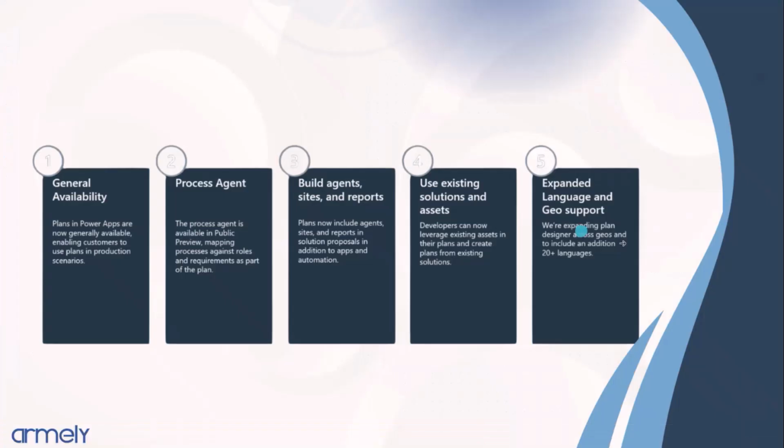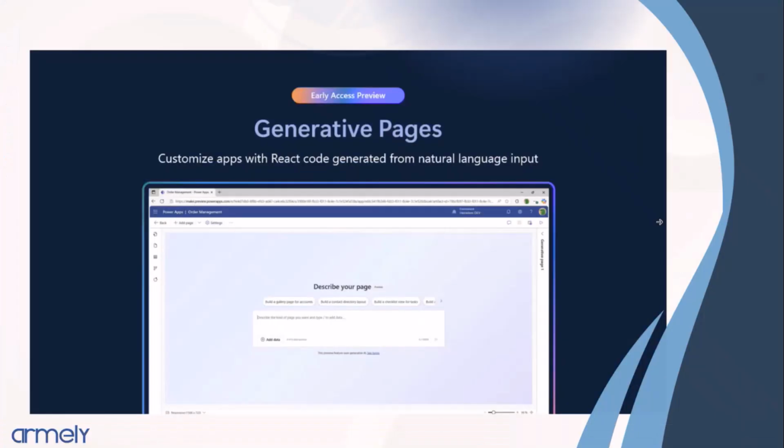So beyond Plan Designer, we have other good news and other good stuff that were announced during the Microsoft Build. So we have the generative pages, which is still in early access preview, meaning you can only access it for testing, but it's not yet in public preview.